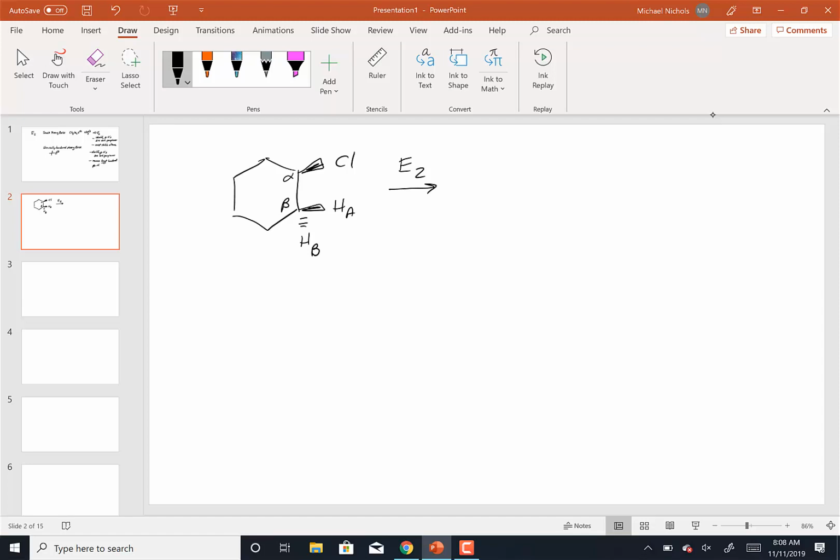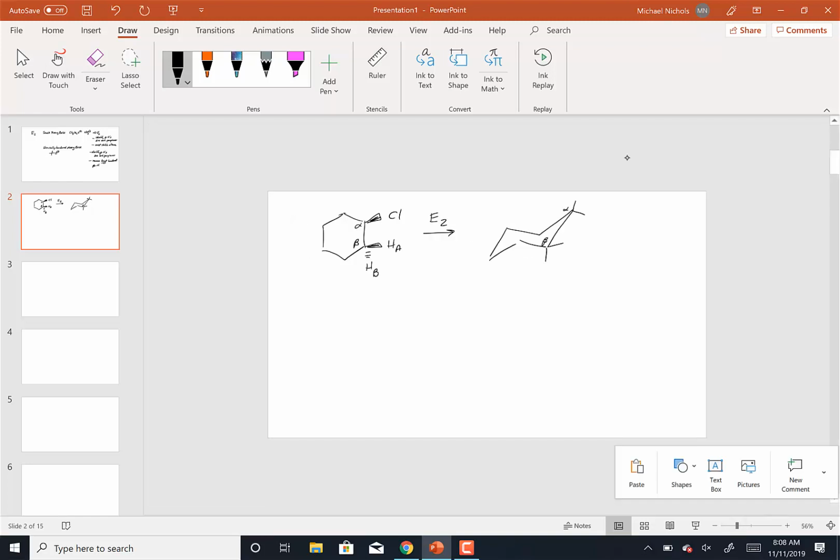So if I change this flat cyclohexane into a chair, we can kind of make that clear. So here's my two carbons. If this is the alpha carbon and this is the beta carbon, where's the chlorine? Where should the chlorine go on the alpha carbon?